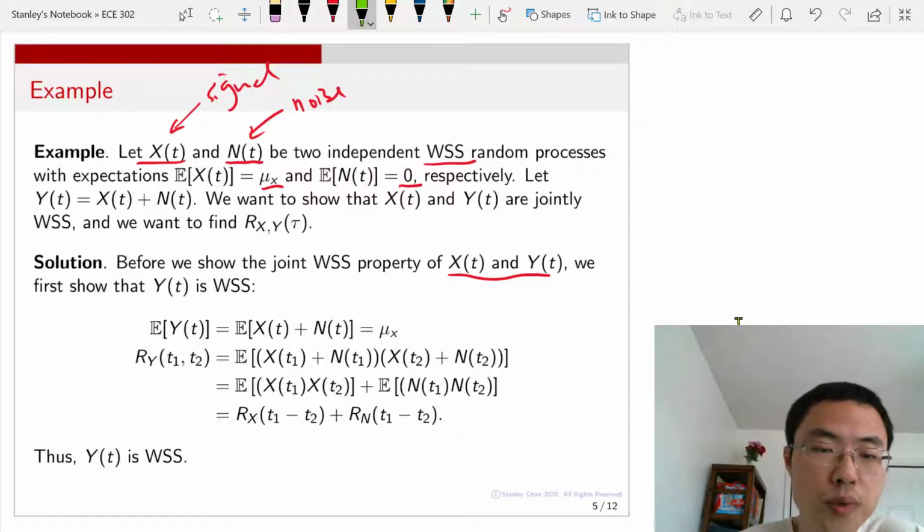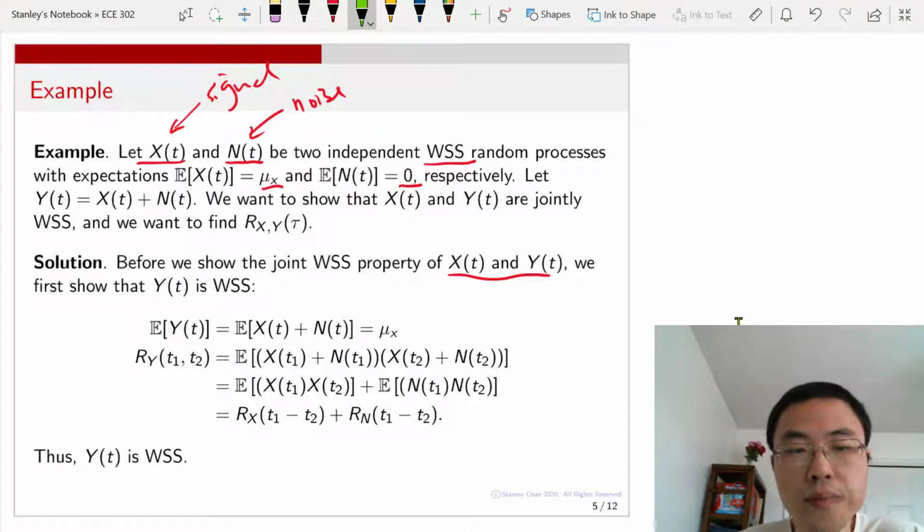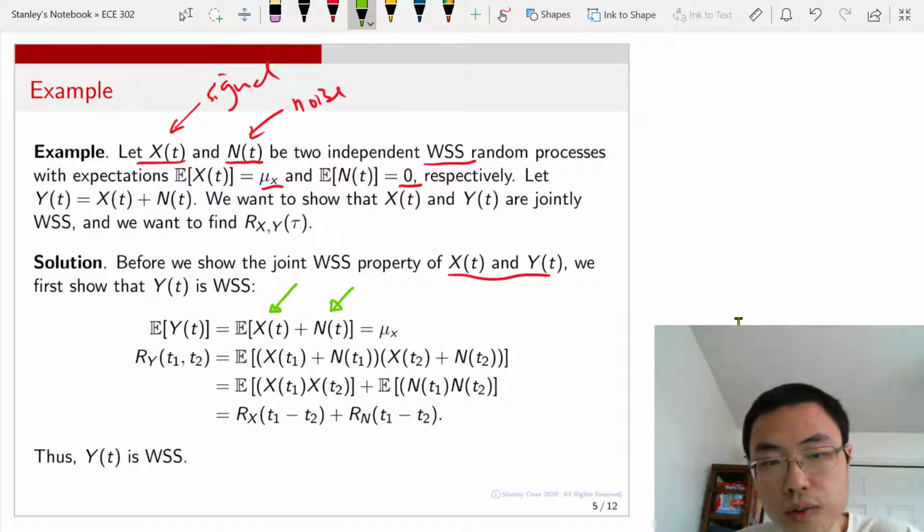So in this particular problem, we plug in the definition of y, which is x plus n, and since x is a wide-sense stationary process with a mean of mu x, the mu x will come out, and n is zero mean, so it will be gone, and therefore you can show that the mean of y is a constant.